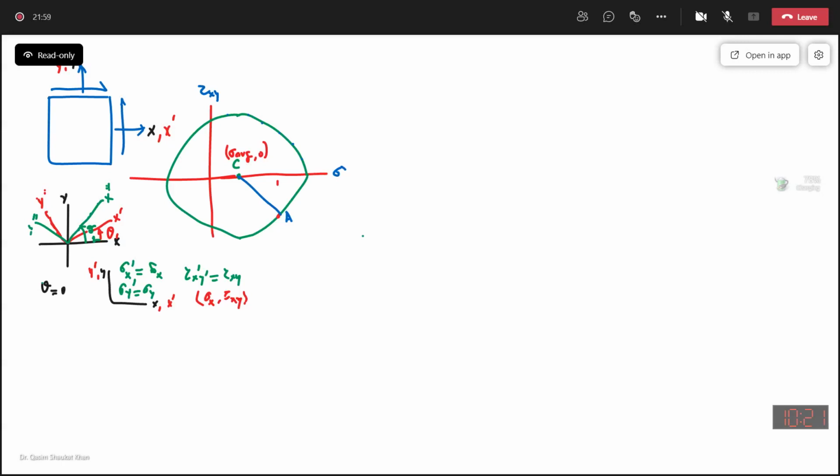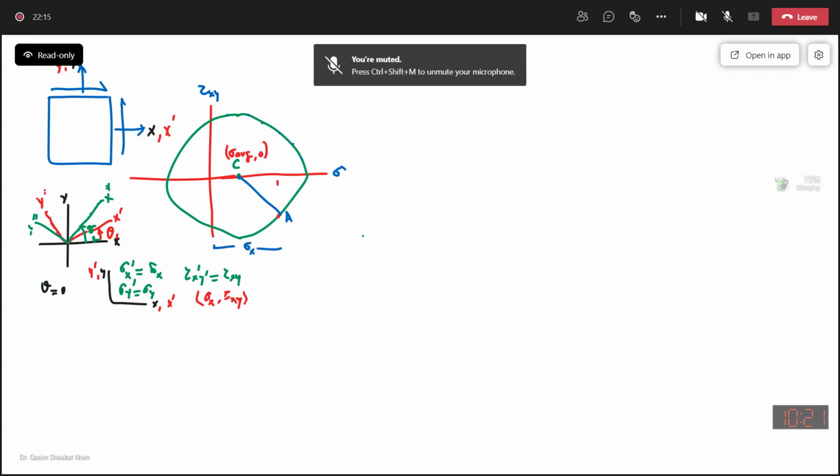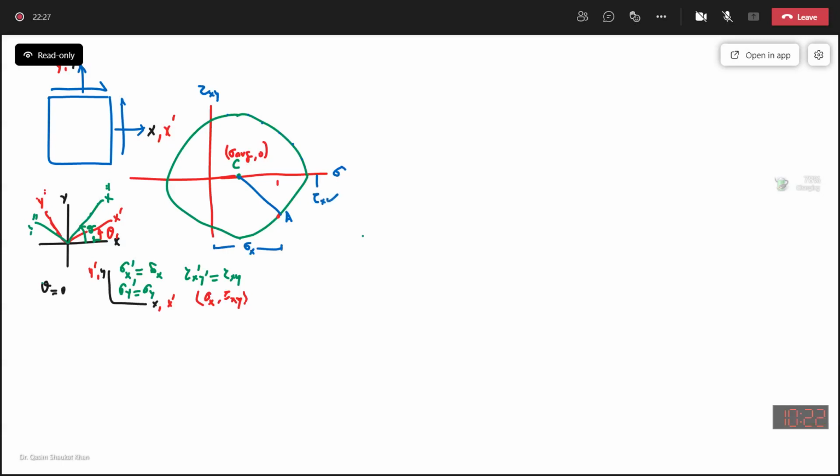If I want to mark the coordinates, this is sigma x. This is tau.